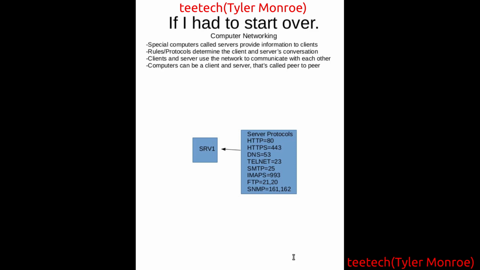So there's one more type of server. It's called a peer-to-peer server. That's when a client can be both a client and a server at the same time. Now, this is an example of those layer 7 protocols and the port numbers I talked about. The port numbers identify the protocol, and the protocols are served by the server. There's lots of different server programs for all these protocols too.